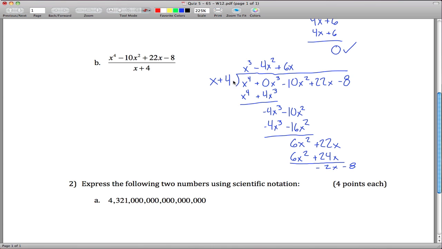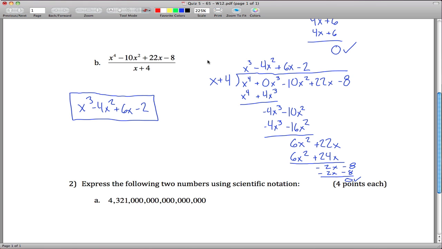What do I put up here so that when I multiply it against this, I get this? That is a negative 2. Gives me negative 2x minus 8. And if I subtract those, I can barely squeeze a 0 in there, which is good because I wasn't supposed to get a remainder. So my answer here is x cubed minus 4x squared plus 6x minus 2.